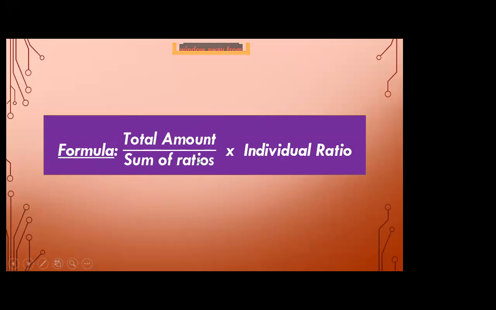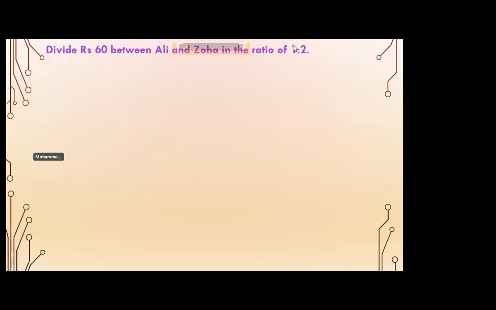This is the formula for exercise 7.2. Is it clear? Now the question is, divide rupees 60 between Ali and Zoha in the ratio of 1:2.